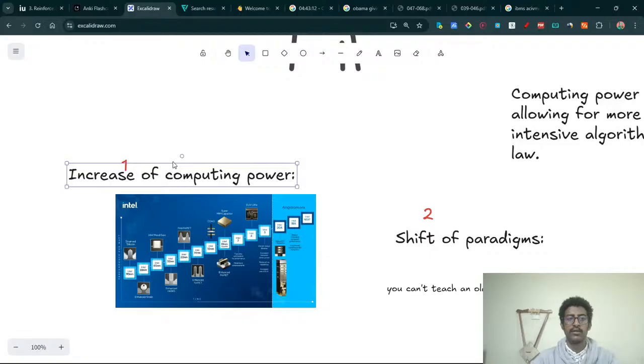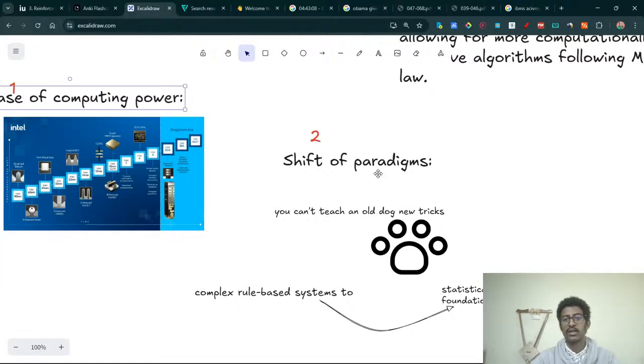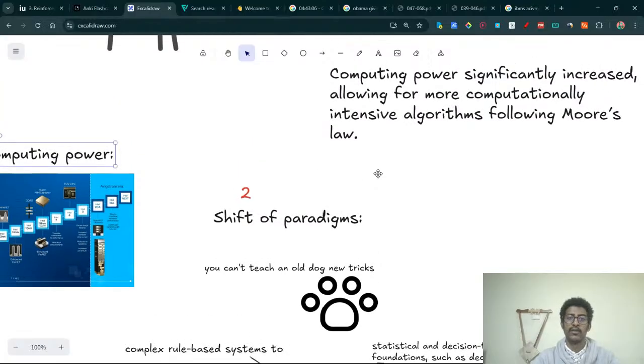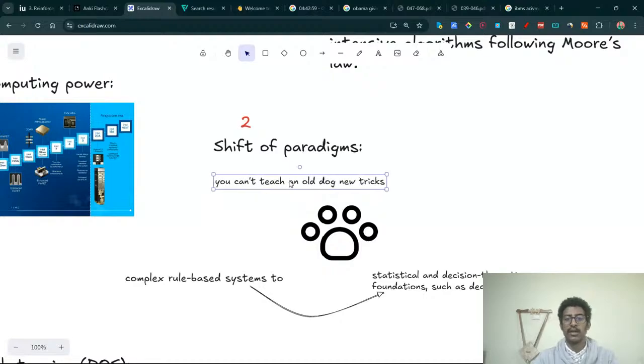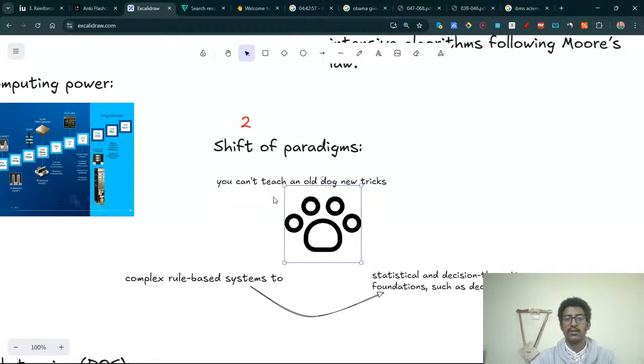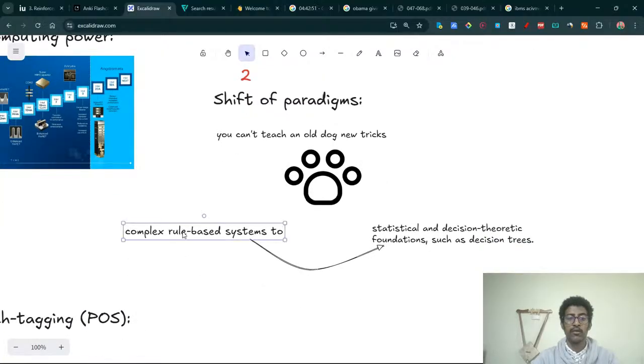All right. The first one is increasing computing power, as I told you. The second one is shifting paradigms. You can't teach an old dog new tricks, this is my quote. The paradigm, as I told you previously, was complex rule-based systems, grammar by grammar, word by word.